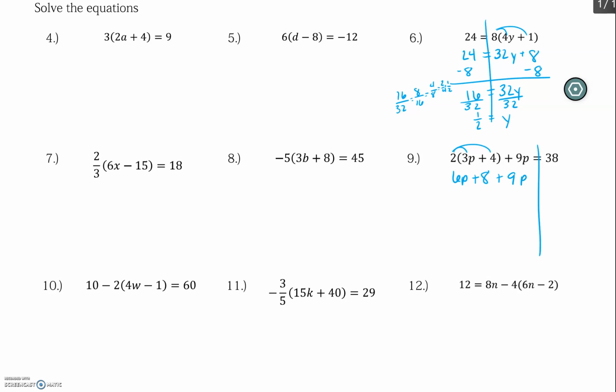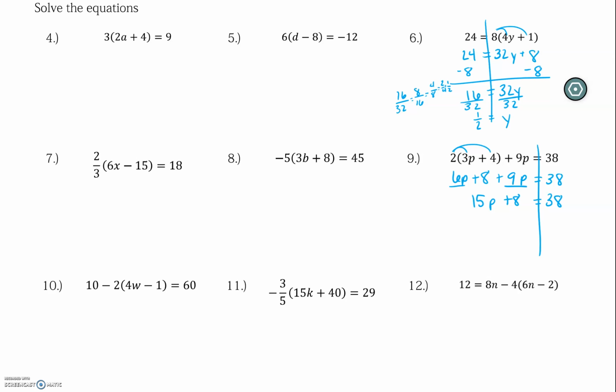So it's just plus 9p equals 38. Is there anything left to simplify? Yes. Combine like terms. 6p plus 9p would be 15p. We still have the plus 8 equals 38.